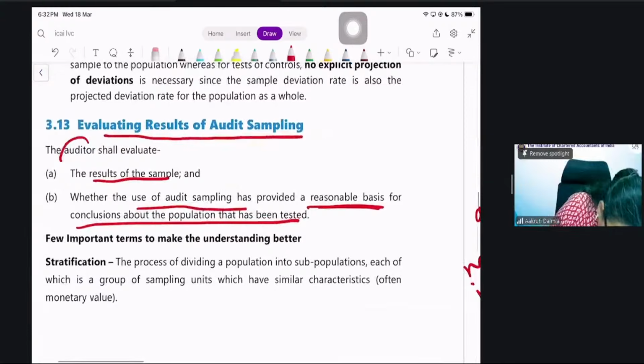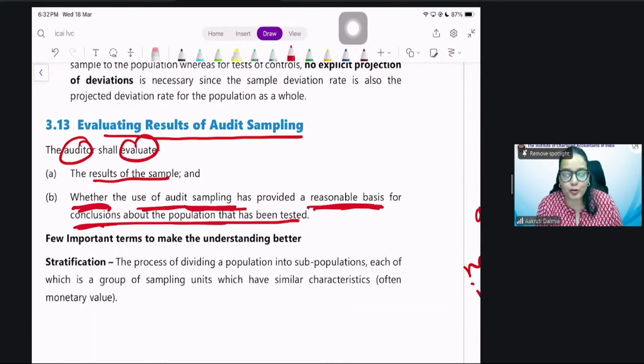You have to evaluate whether you can use the audit sampling to give a reasonable basis to give conclusion about the population. So if you feel, no, this is not enough, I want to check more samples, then only I can feel comfortable that population is true and fair.